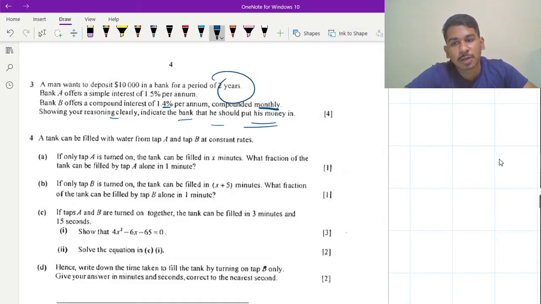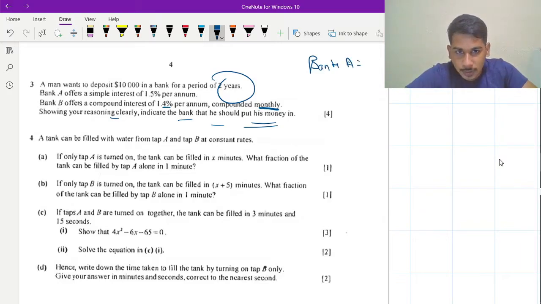Okay, so let's see how much you get for Bank A. There's more space here, that's good. Bank A, you're going to get 10,000 times 1.5%.